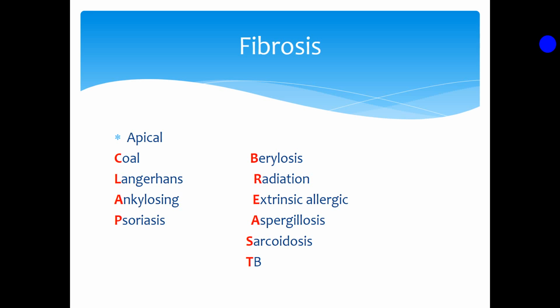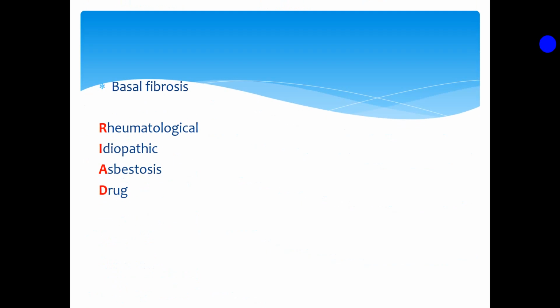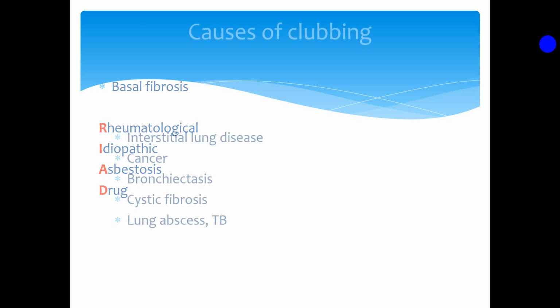If it's basal, if you find basal fibrosis, you may put it as rheumatological and idiopathic interstitial fibrosis, asbestosis and drugs like methotrexate and nitrofurantoin and amiodarone.